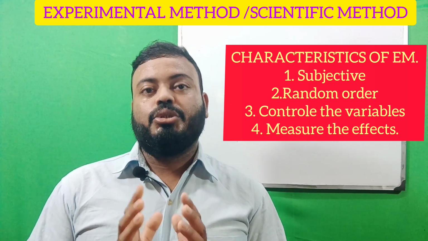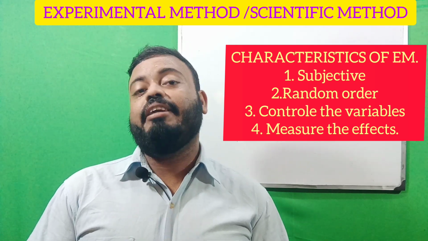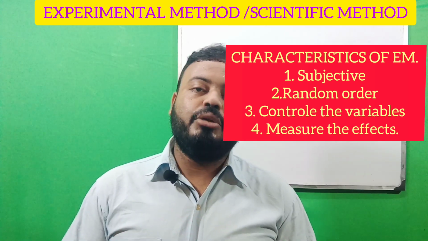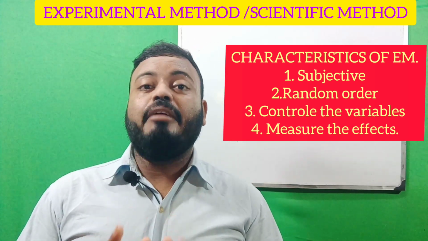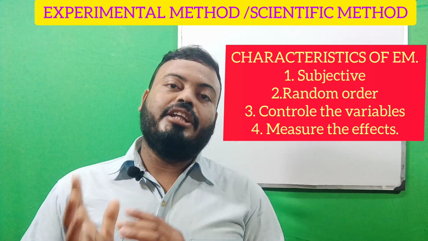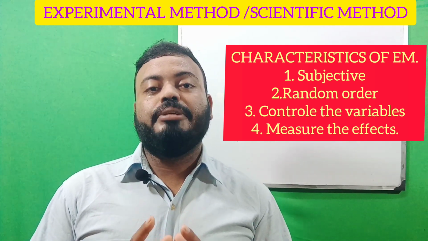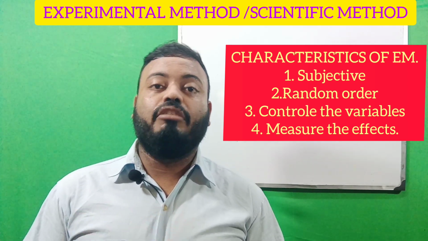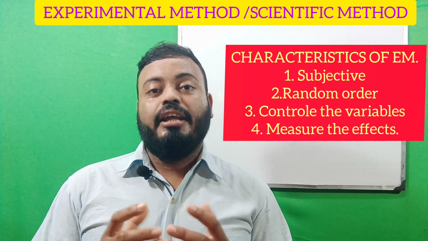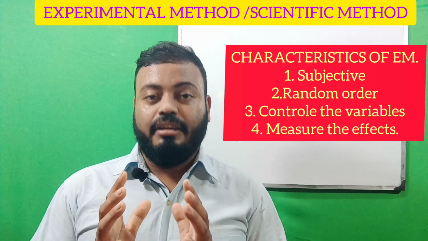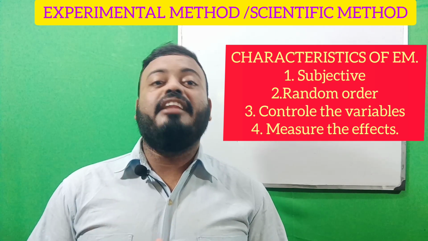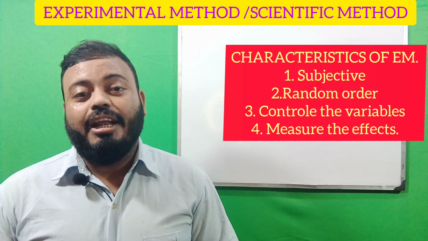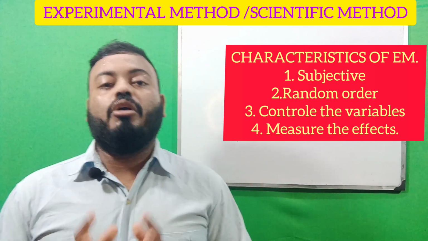So the experimental or scientific method first selects the subject, and next, number two, the person is in random order. The researcher or research scholar must collect data from the society, from other sections or anywhere. He must take the data randomly from the society. Thirdly, controlling the variables.